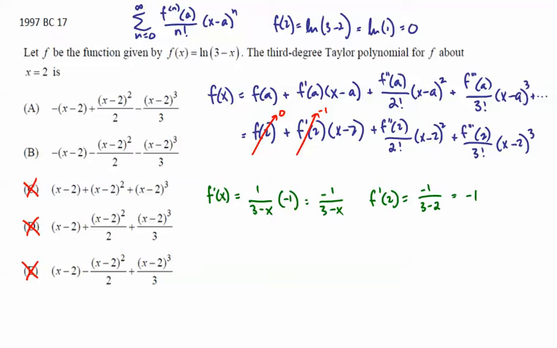We need to go into the second derivative. If the first derivative is, let's rewrite it, negative 3 minus x to the negative first power, then I'm going to bring down the negative 1, that'll be positive 3 minus x, times the derivative of the inside, which is negative 1, 3 minus x to the negative second.